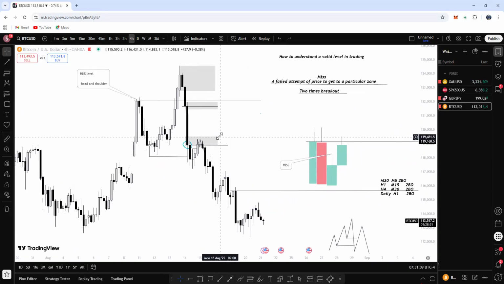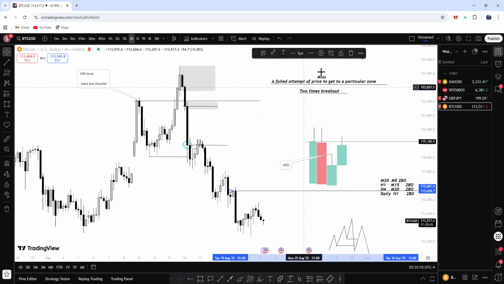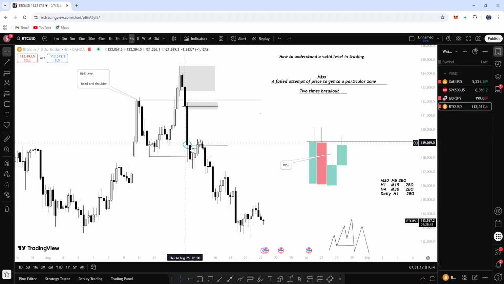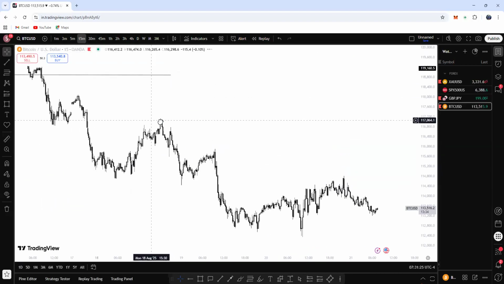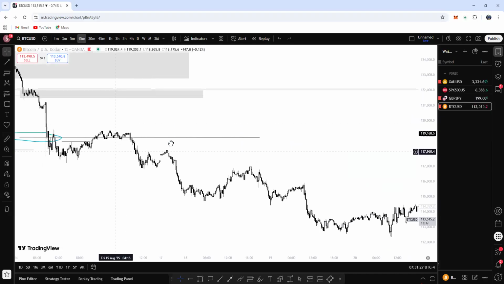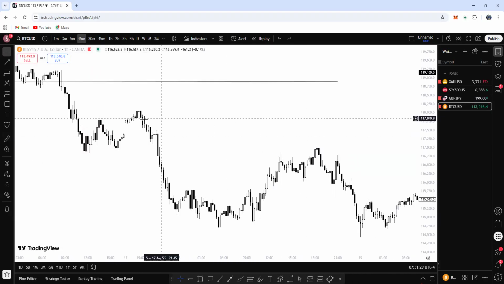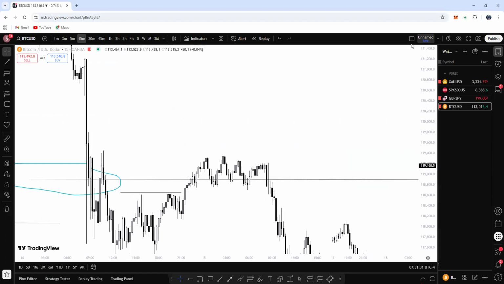Okay, even from this zone, I will still see an MSU within this zone. Let's check, guys.